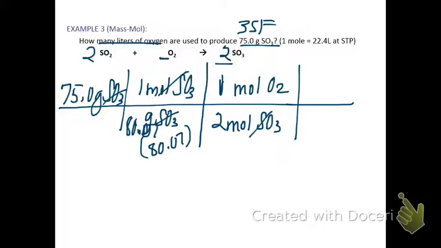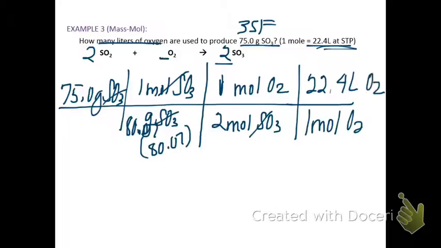Now, on the last 2 problems, I did molar mass here because I was trying to get to grams, but I'm trying to get to volume, so I'm going to use this conversion factor right here. So I'm going to say for every 1 mole of any gas, not just oxygen, of any gas, it's 22.4 liters of oxygen. Again, that's for any gas at STP conditions.